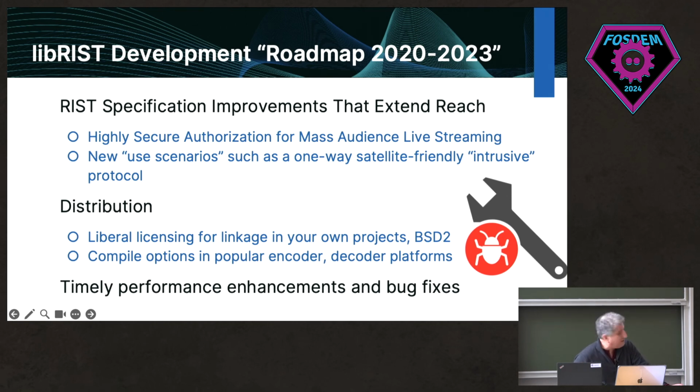LibRIST, of course, adds support for all the different specs, like I showed before, and all the recommendations, so that all these rich features that make the protocol have more use cases are available immediately under the LibRIST library.